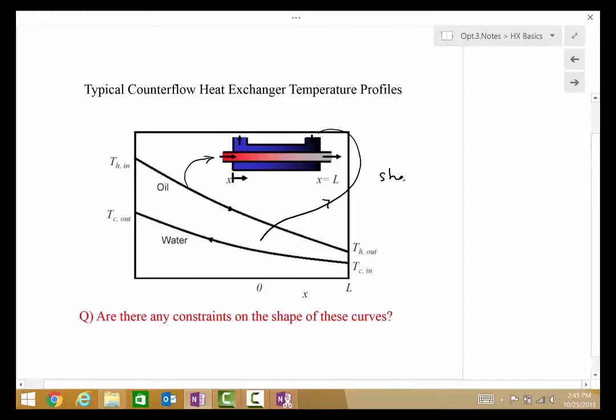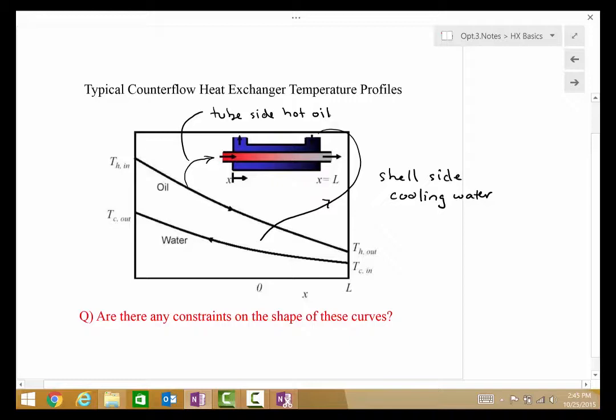So we have shell side cooling water, and tube side hot oil.